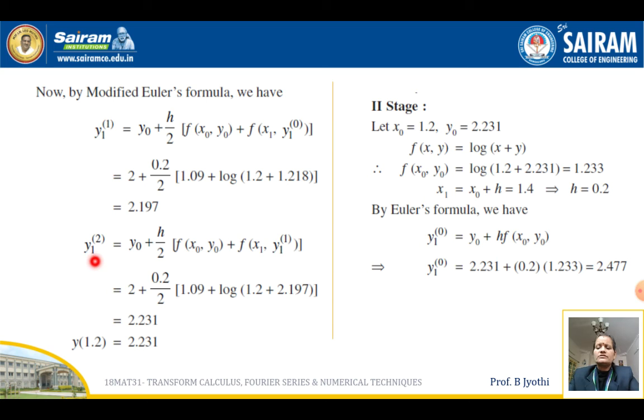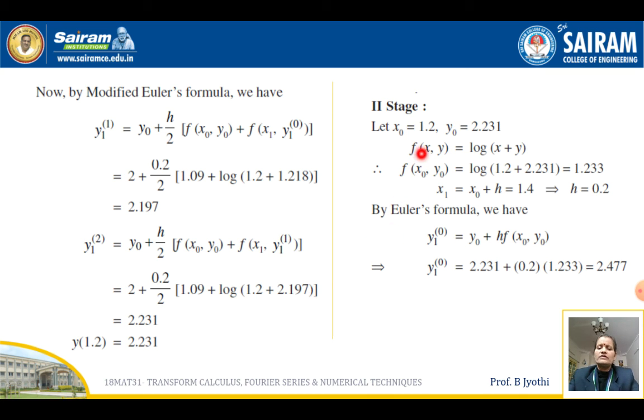Now let us compute y1 of 2 by making use of the previous value. That is, in the place of 1.218, we are substituting 2.197. That gives us 2.231. Next, this value is used in the second stage to compute y of 1.4.